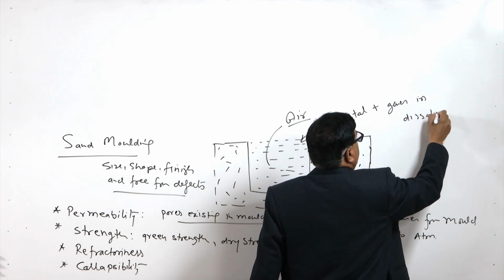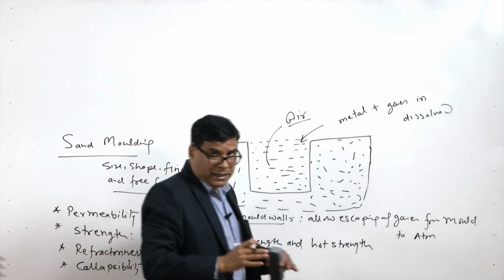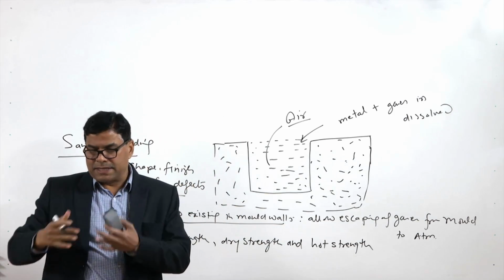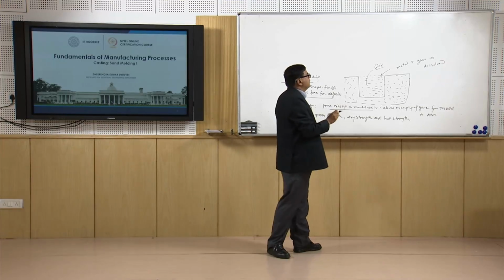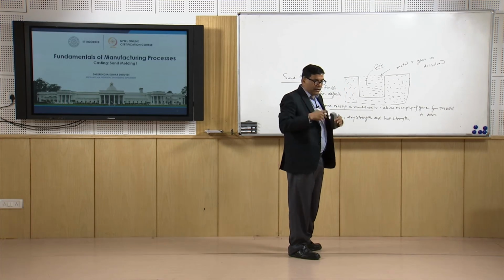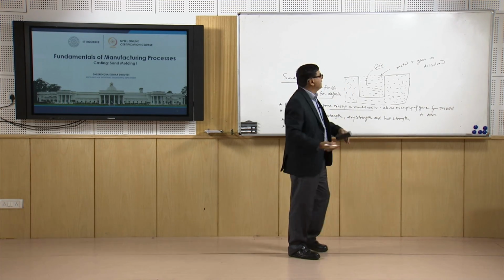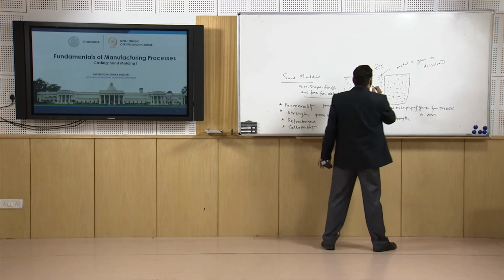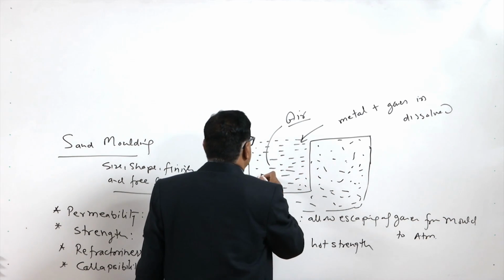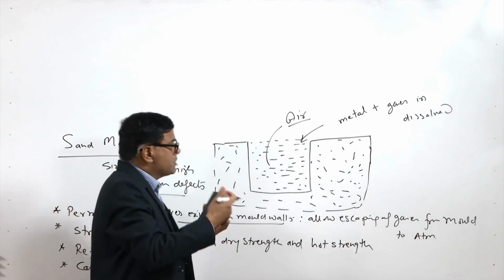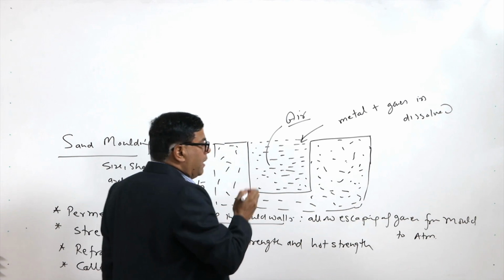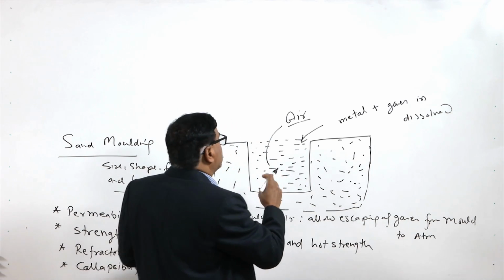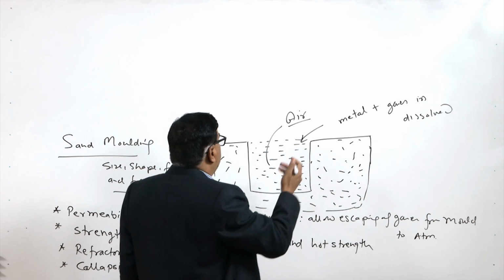We know that at a high temperature the gases can dissolve into the molten metal. So, the gas is dissolved either in the furnace or while handling, and these gases will be present with the molten metal, and during solidification these gases are released or rejected. So, these gases should come out.